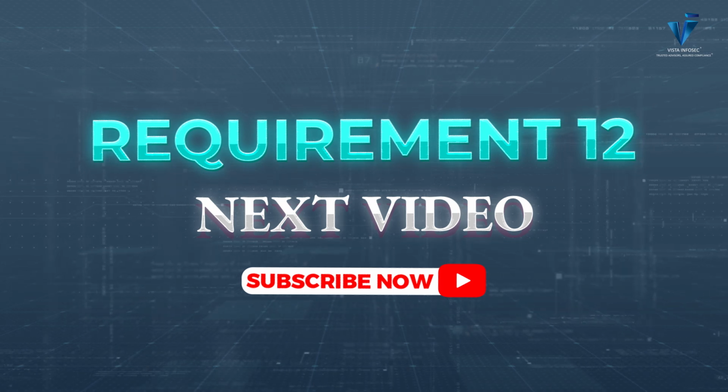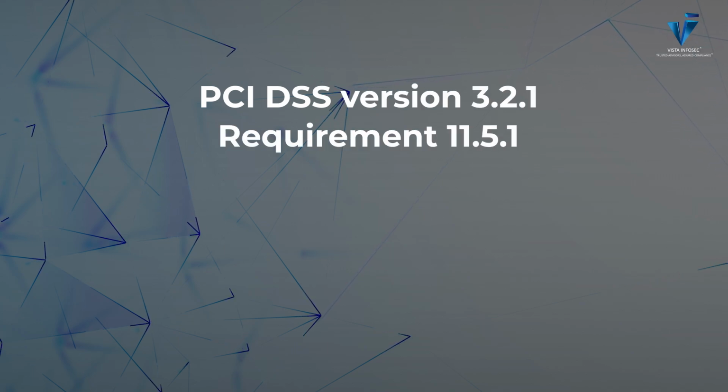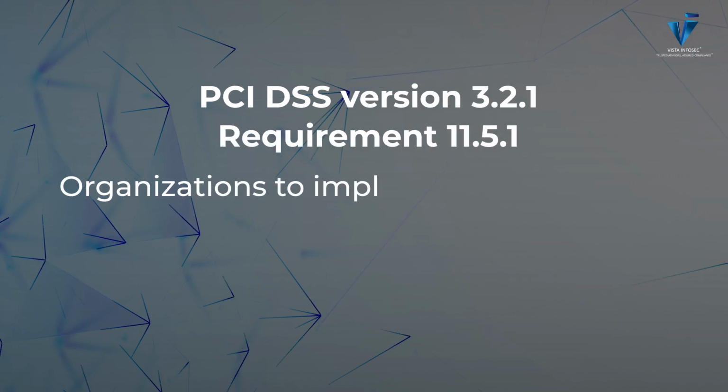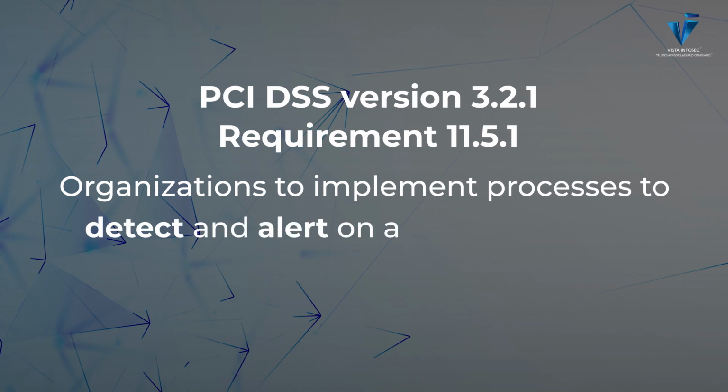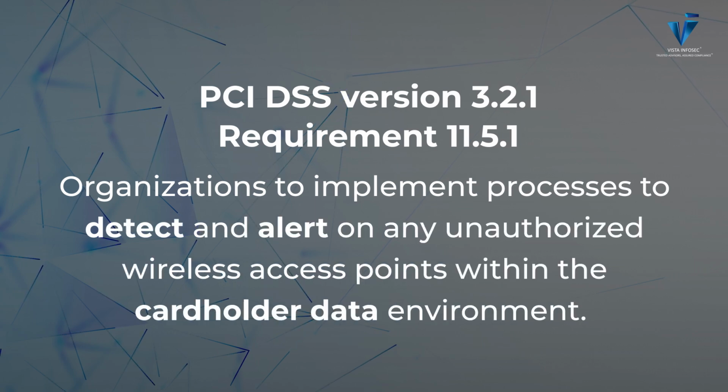And at last, in PCI DSS 3.2.1, there is requirement 11.5.1, which requires organizations to implement processes to detect and alert on any unauthorized wireless access points within the cardholder data environment.